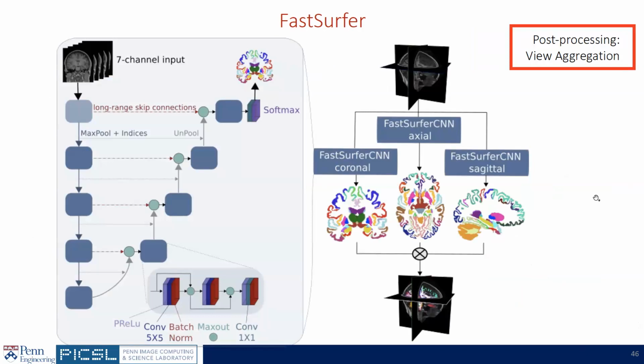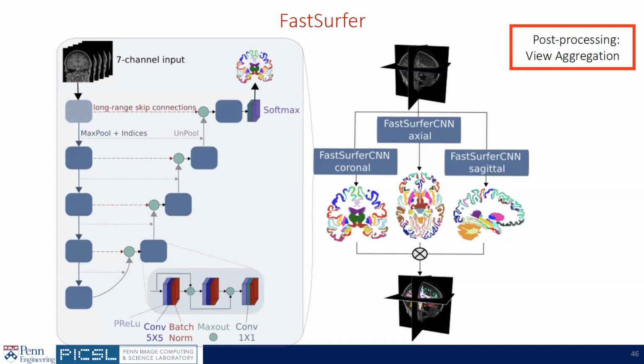Now let's think about post-processing, another step I told you to think about when designing these deep learning architectures. We were just talking about how you can do it in the coronal direction, but nothing stops us from doing the same thing for the same set of images from the other 2 directions, axial and sagittal. I can train 3 different deep learning models, one for coronal, one for axial, and one for sagittal.